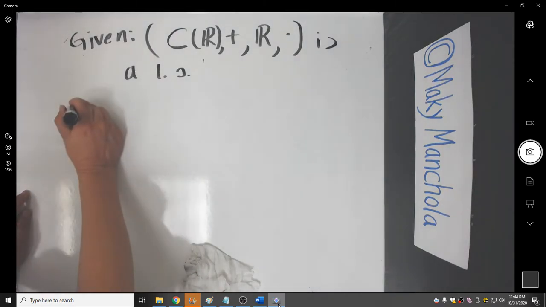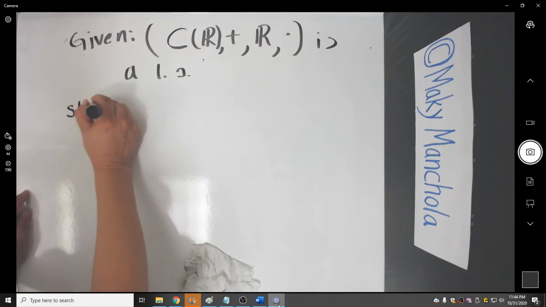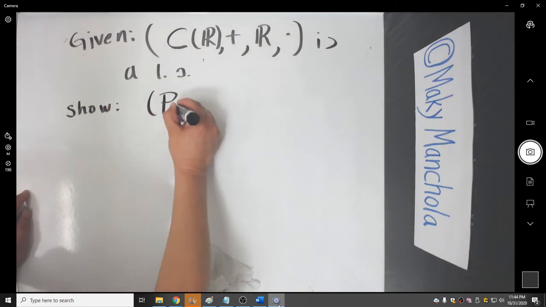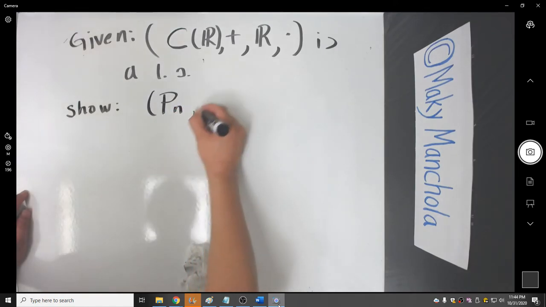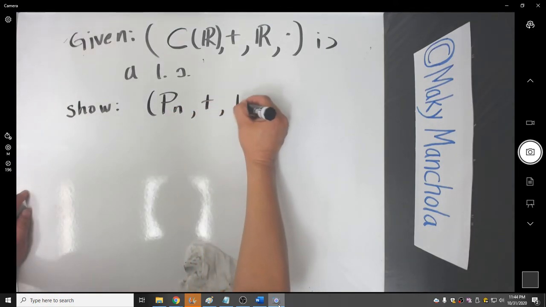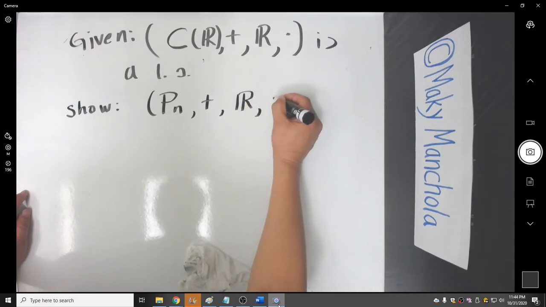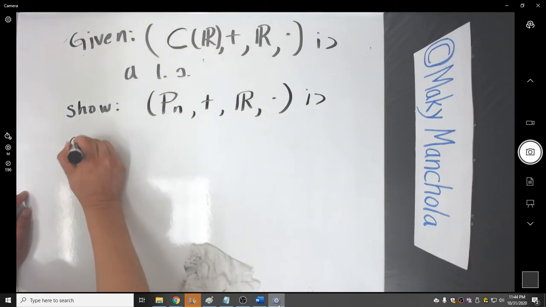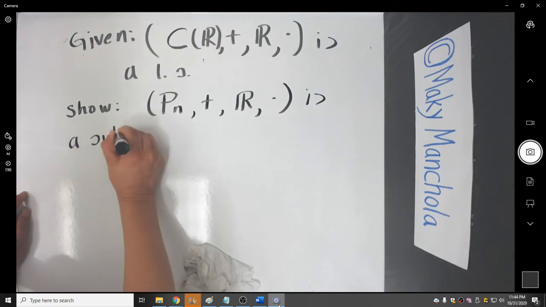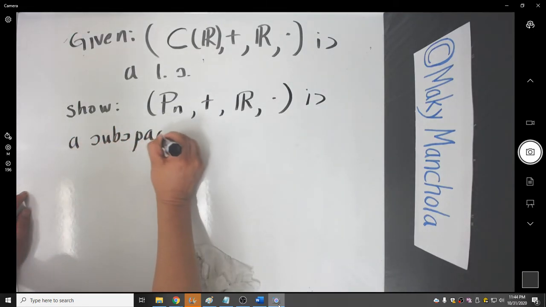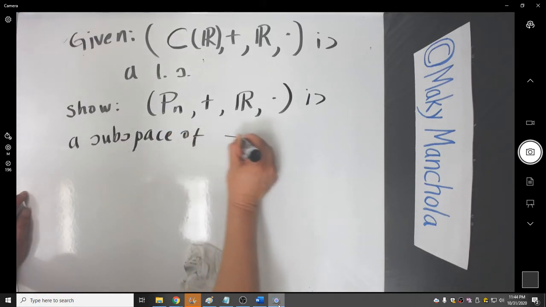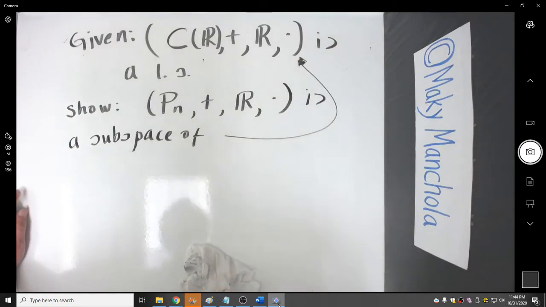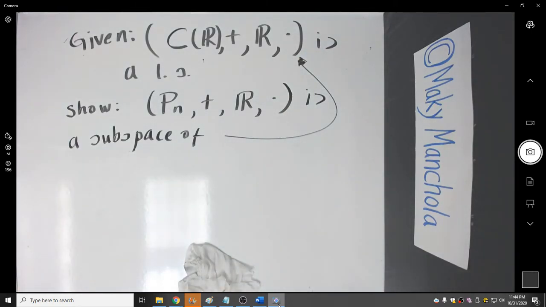Now, here's what we're being asked to show. Show the set of polynomials of degree n or less is a linear subspace, or simply a subspace, of that space of continuous functions on R.